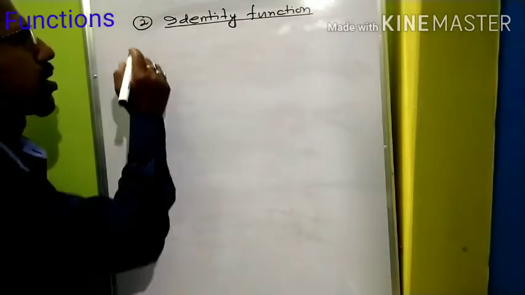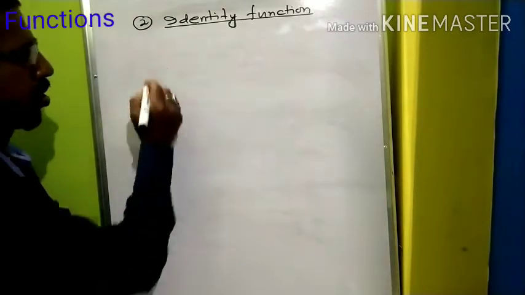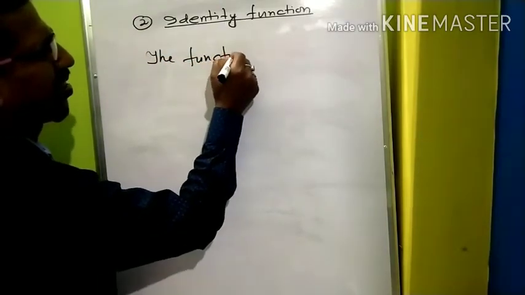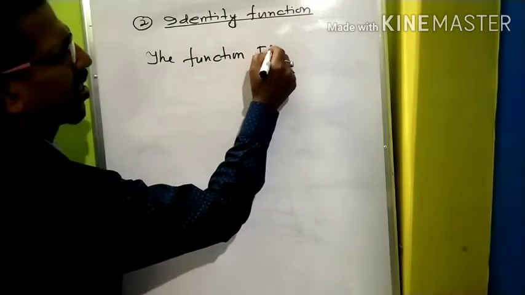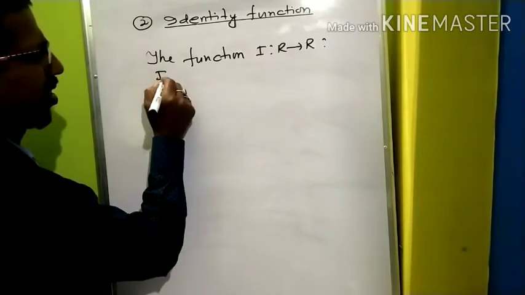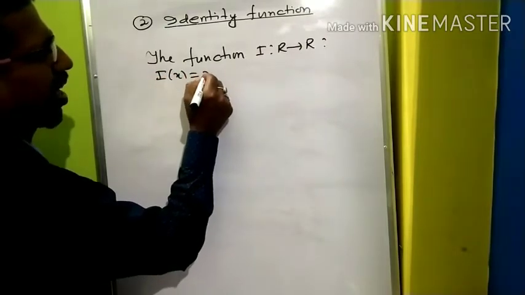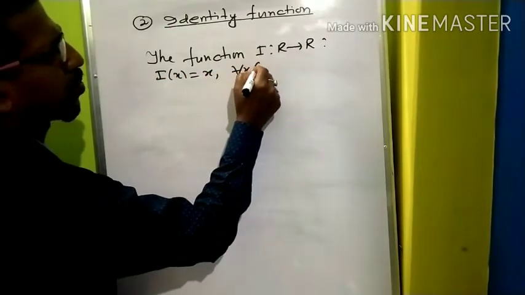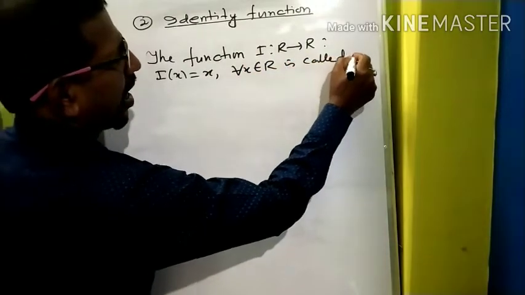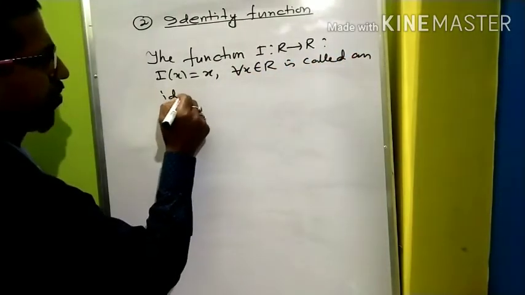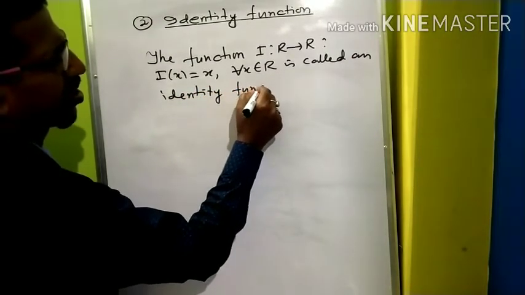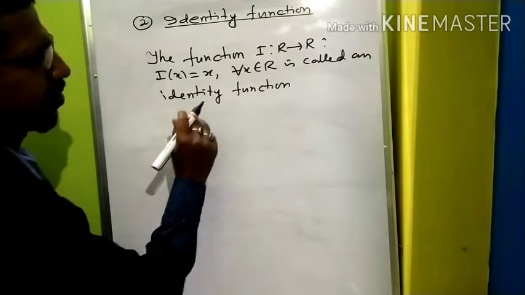Now we are going to discuss number 2, the identity function. The function I from R to R such that I(x) = x for all x belonging to R is called an identity function.